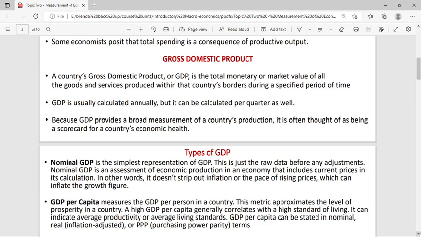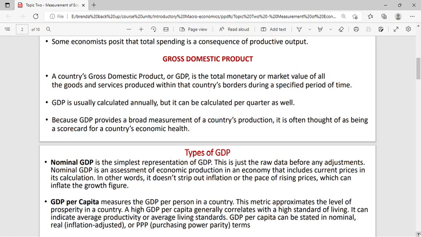Here, for the period of time, we basically use a year, or it is calculated annually, but in some instances we could also do quarters, so that is after every 3 months. Because gross domestic product provides a broad measurement of a country's production, it is always thought of as being a scorecard or a yardstick for a country's economic health.